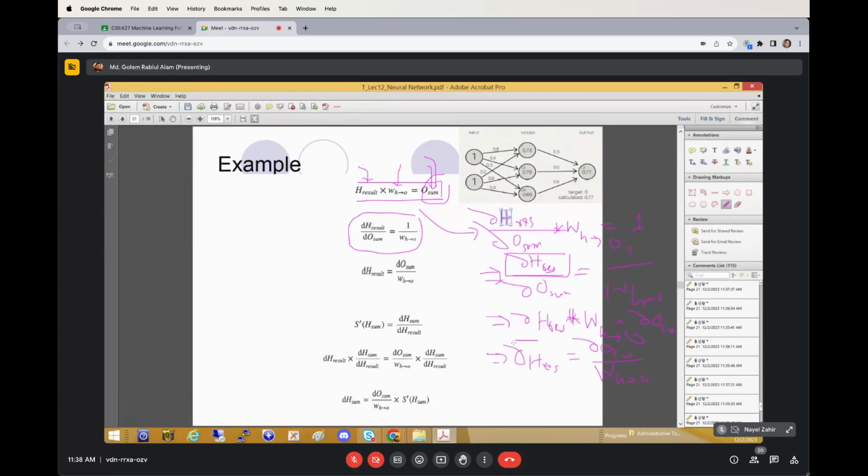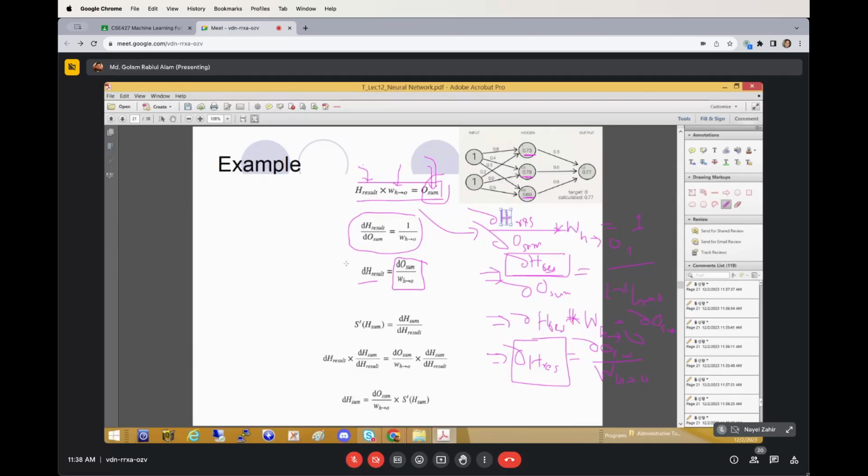That means the rate of change of hidden layer results depends on delta output sum. We already determined the delta output sum, so we divide it by WHO. So delta hidden results will be delta output sum by this one.